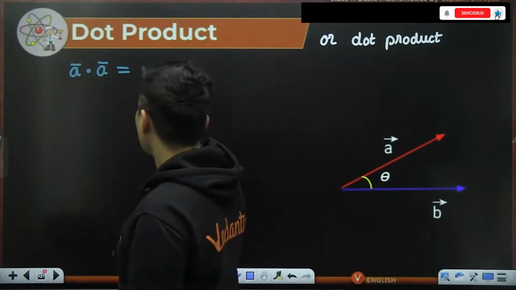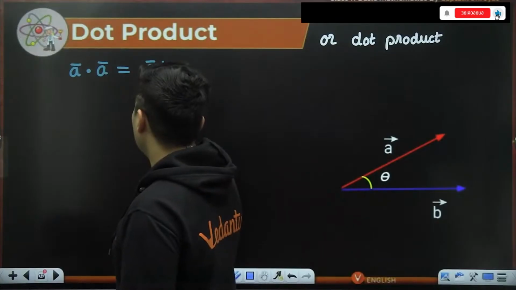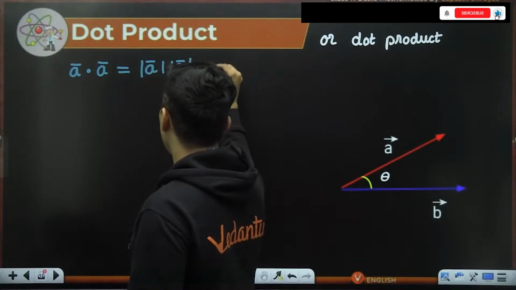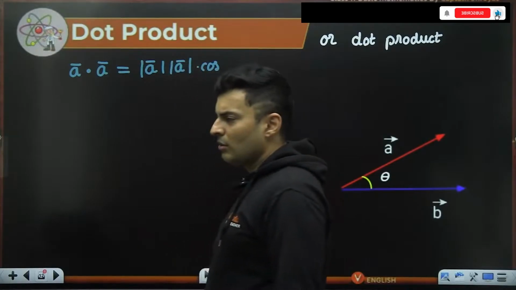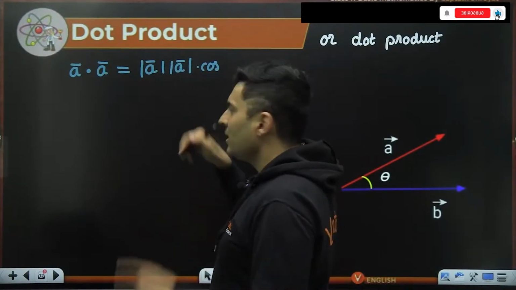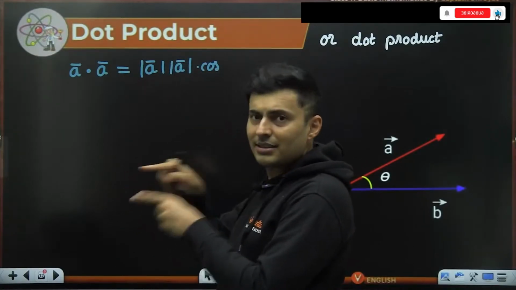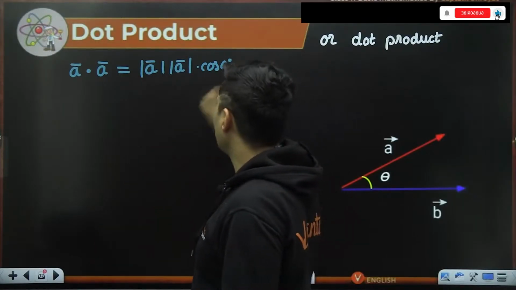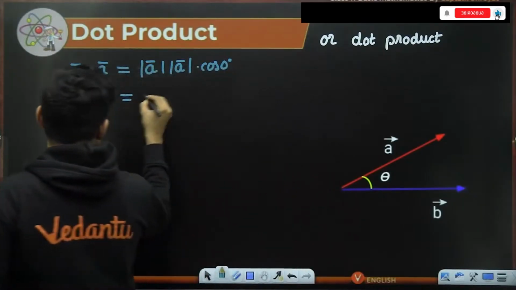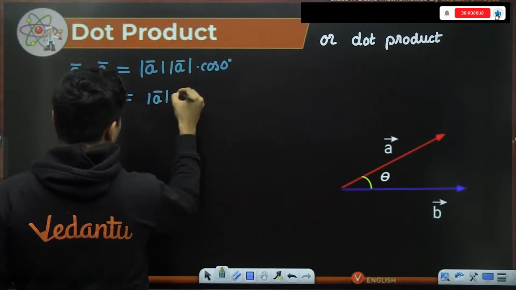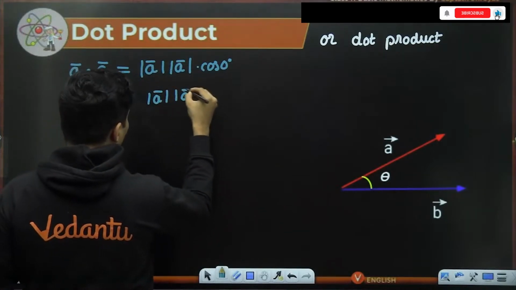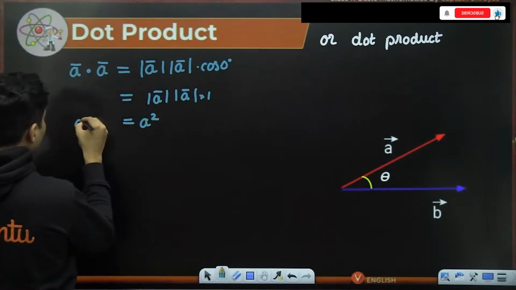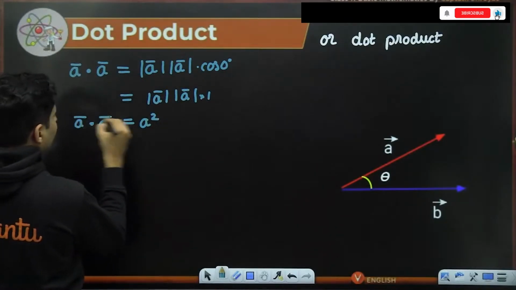It means I'm taking the magnitude of A, the magnitude of A again, and multiplying with cos of the angle between them. What's the cos of the angle between them? Both are similar vectors, they are parallel to each other, they will have no angle. That means cos of 0 degrees. So it will be nothing but A into A into cos 0, which is nothing but 1. So this is as good as saying it is A squared. So A dot A is A squared.